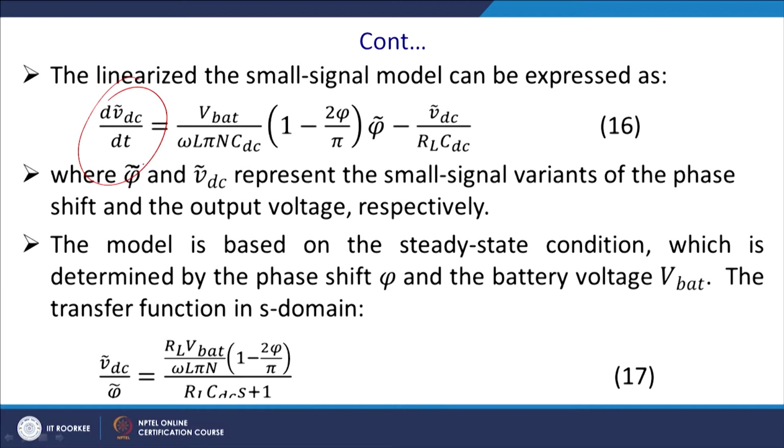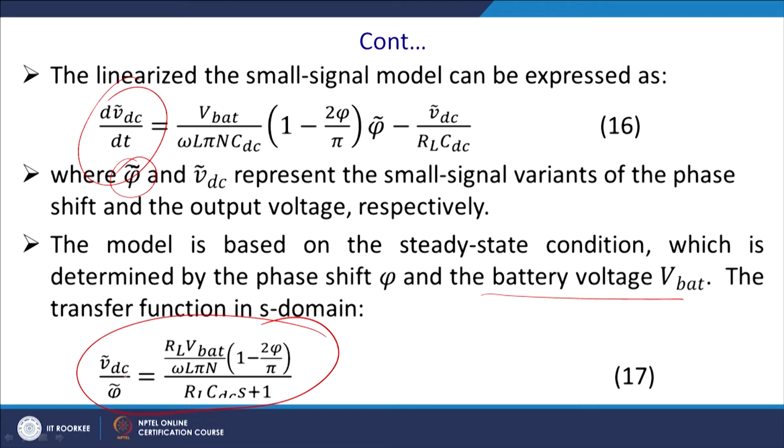Here psi delta and V_DC delta are essentially the variation of the phase and the variation of the DC bus voltage respectively, and the model is based on the steady state condition, which is determined by the phase shift phi and the battery voltage V battery, and thus we can have a transfer function like this.